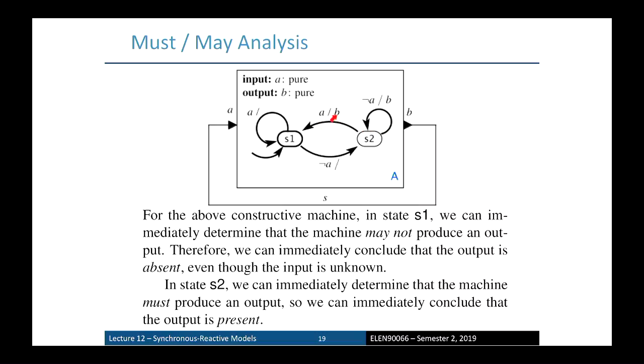So in S2, there's something interesting going on here with the pattern: for both transitions, the output must be present, and so it must produce an output. We can immediately conclude that the output is present and a fixed point for this as well, and it will then take that transition because these two are the same thing. There's kind of a pattern, and it might make sense from when you originally drew state machines and tried to cover all possible loops, right?